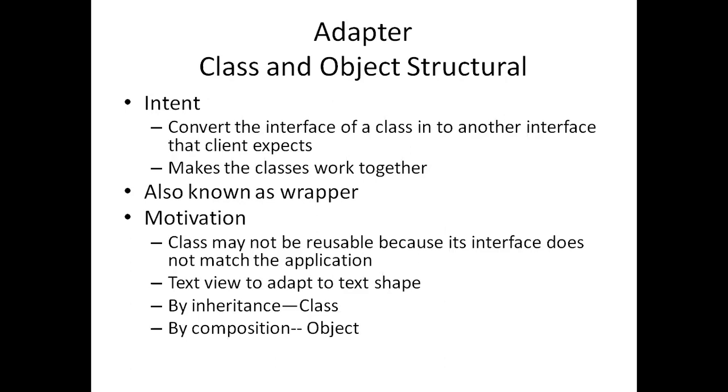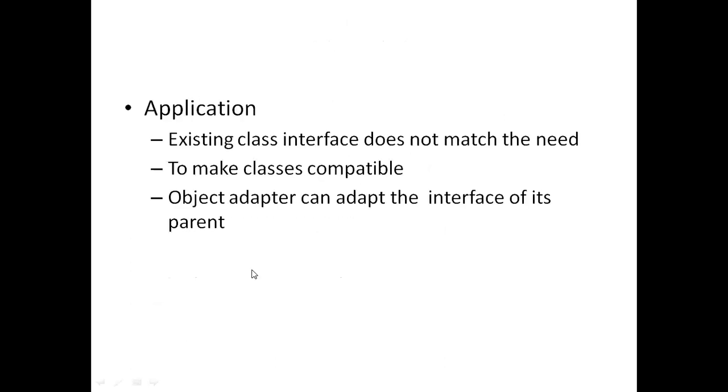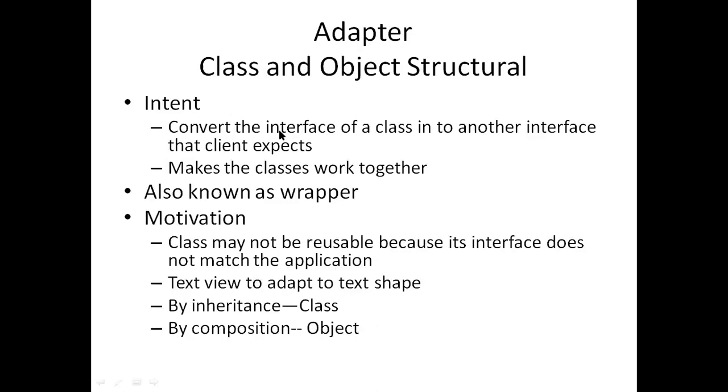As we know, the interface of a class is all the public operations it is giving as a service. If this public operation, which is the interface of a class, we want to make it same for the client for many different applications, or it should be same in different implementations also, then we go for adapter pattern.